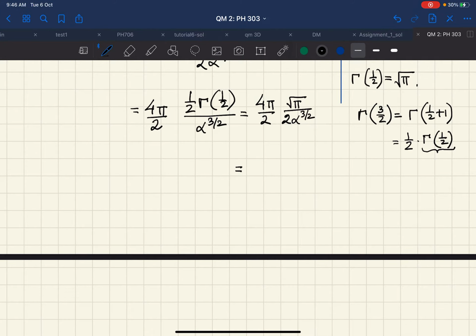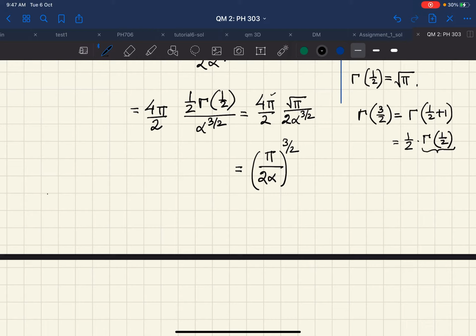So let me write it as, we have 1 square root pi and 1 pi, that means we have pi to the power 3 by 2 already. And if I incorporate this 2 inside this to the power 3 by 2, then I have to have another 2 upstairs. So this will be overall pi by 2 alpha to the power 3 by 2. So this is the result of this normalization factor.